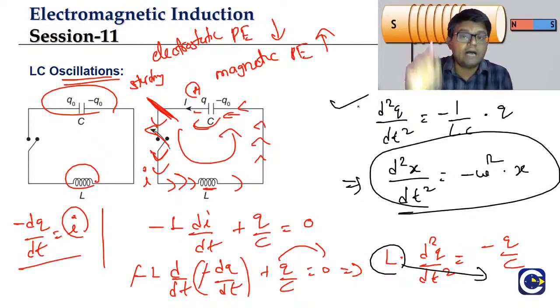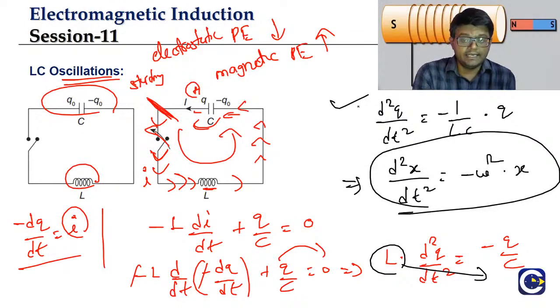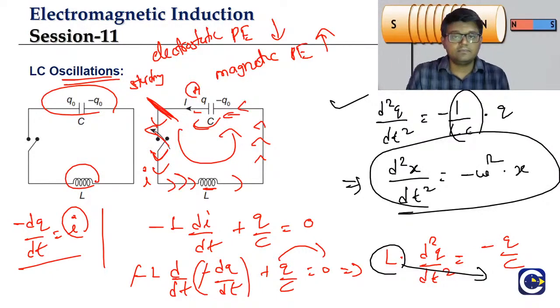We are going to have the damping and other things also in the LC oscillations, which we will cover. In AC, when we discuss this topic, from here itself we can tell the equivalent omega value by comparing the two expressions. What is the omega square value? 1 by LC.